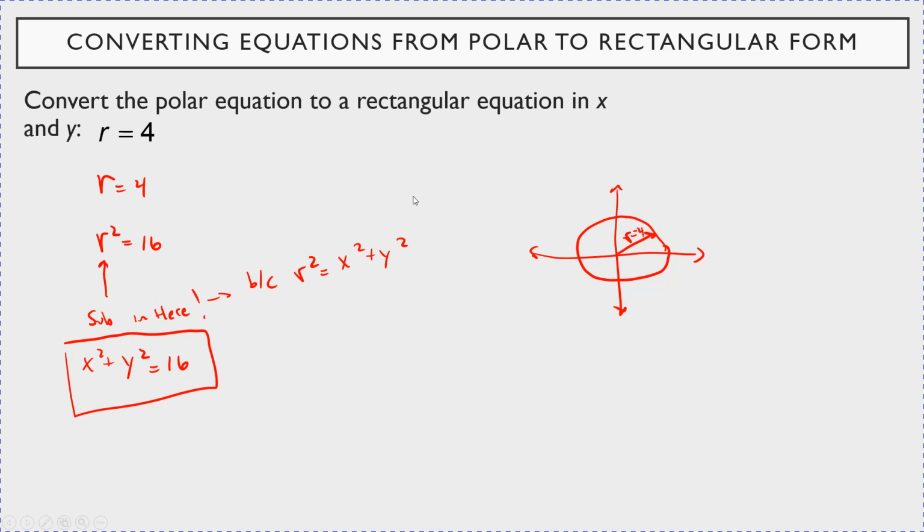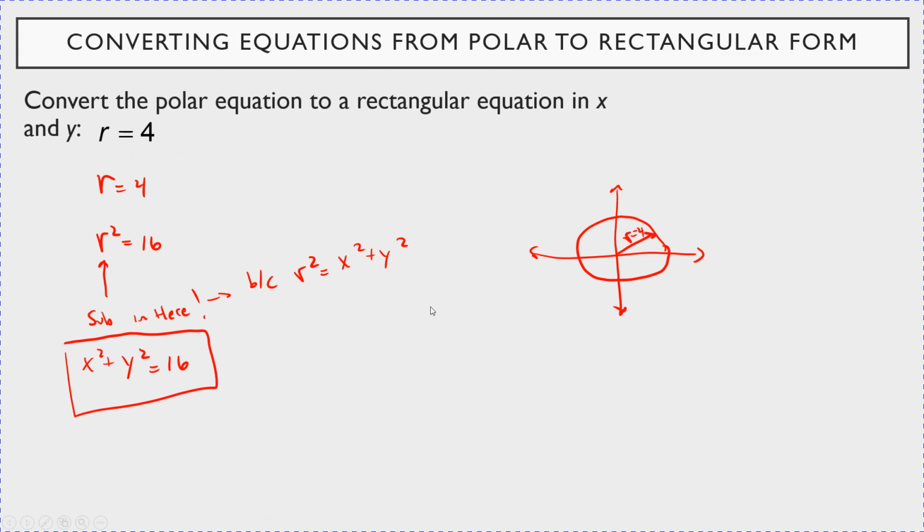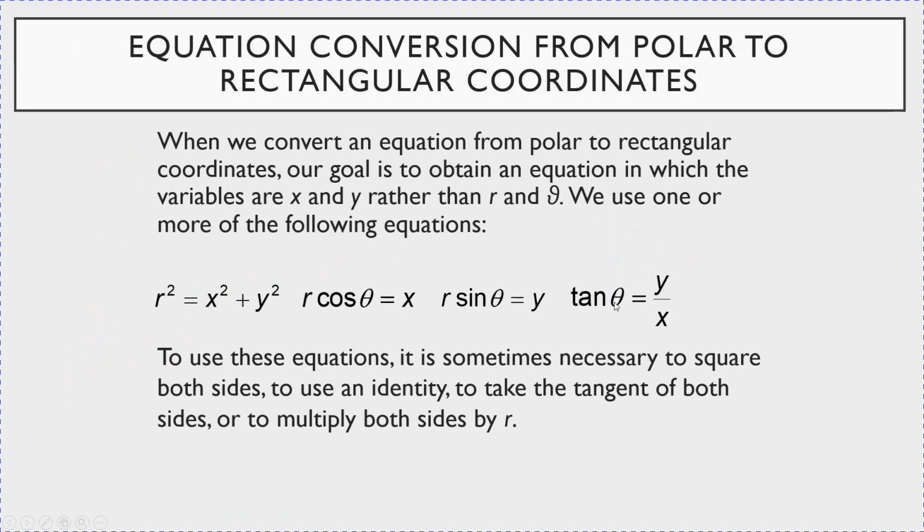All right, let's try this one here. Convert the polar equation to a rectangular equation in x and y. So my polar equation here is just theta is equal to 3 pi over 4. Well, look, let me take the tangent of each side here, okay?